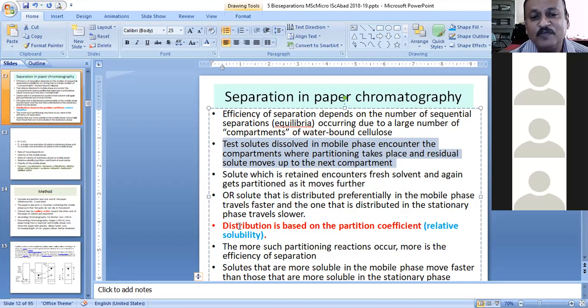The C molecule, which is getting 50% dissolved in the mobile phase and 50% in the stationary phase, will be the least mobile. Sorry, the molecule which is 40% getting retained on the stationary phase, that will be the least mobile molecule. So it will move the slowest on the chromatography.